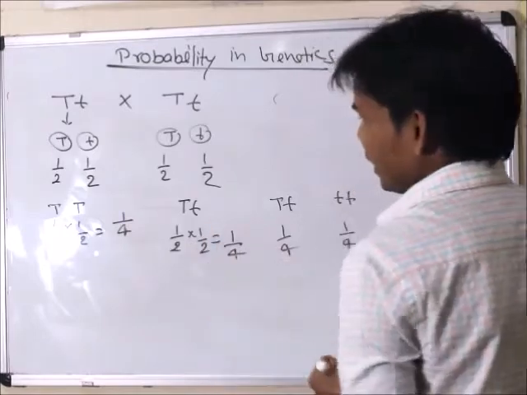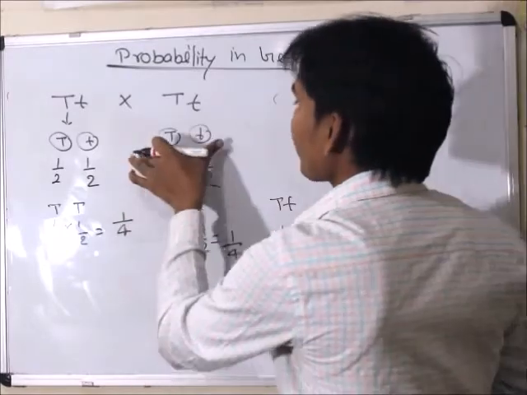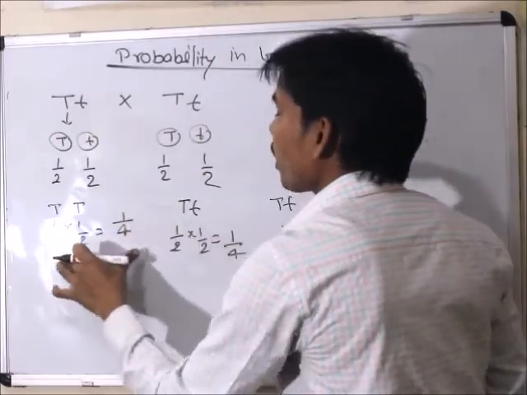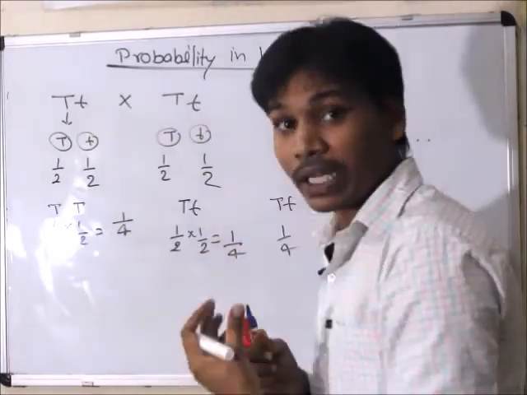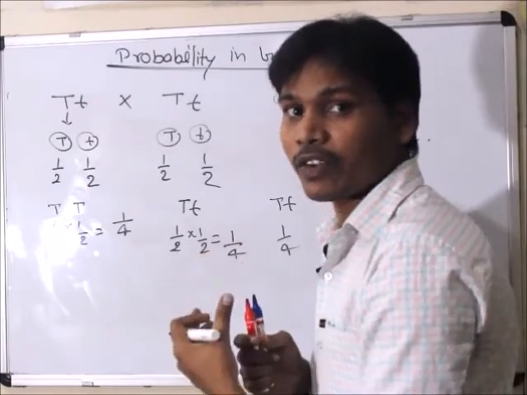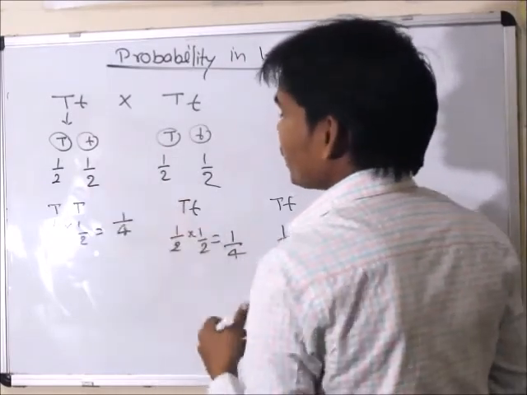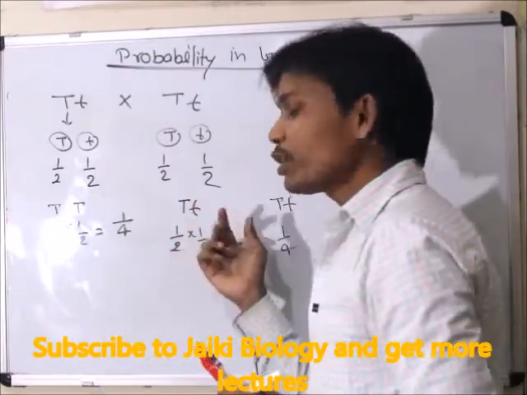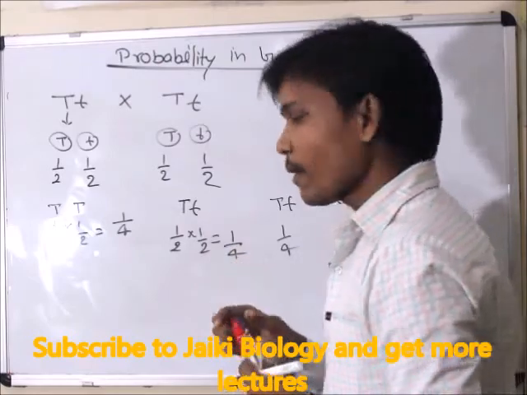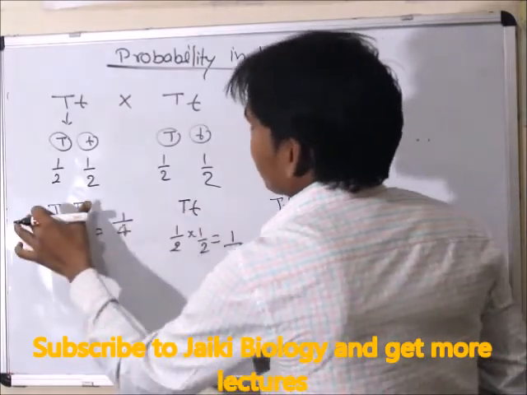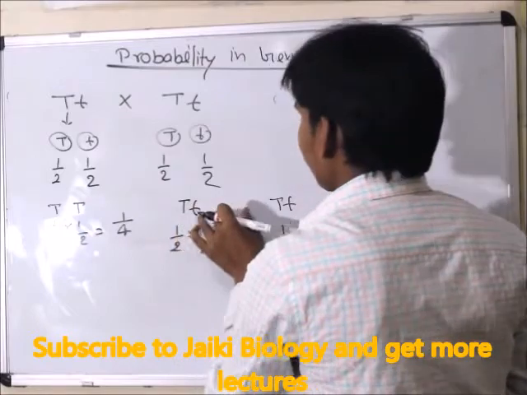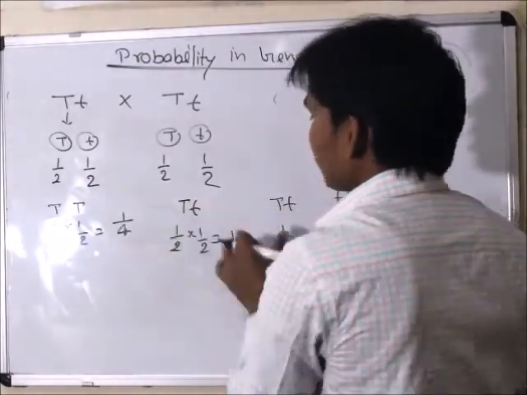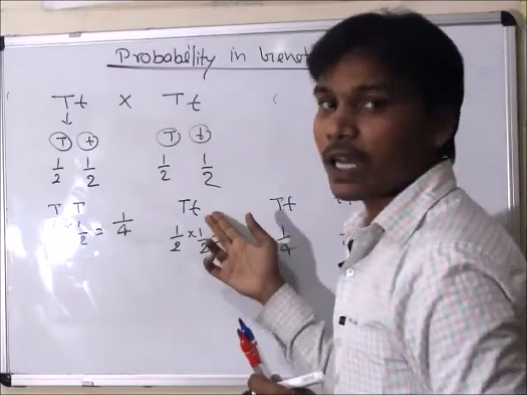Then what is the probability of the phenotypic ratio, either tall or short, either tall or dwarf? You know before this lecture that capital T is dominant over small t. So capital T capital T, capital T small t, and small t capital T are all dominant, and the phenotype appears as tall.